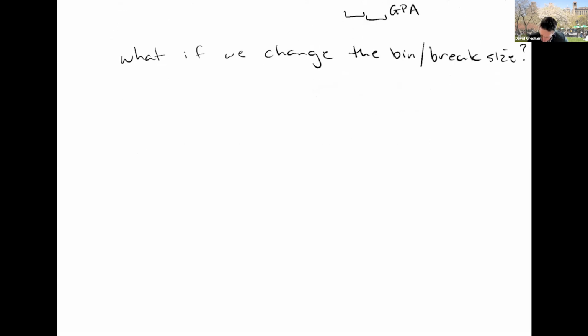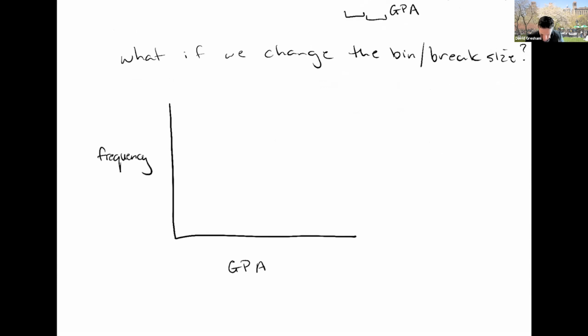In that case, we could make a different plot, something that looks like this, again, with the GPA on the x-axis and the frequency on the y-axis. But in this case, we could make our bins so that, for example, they go between 3.2 to 3.4 to 3.6 to 3.8 to 4.0.